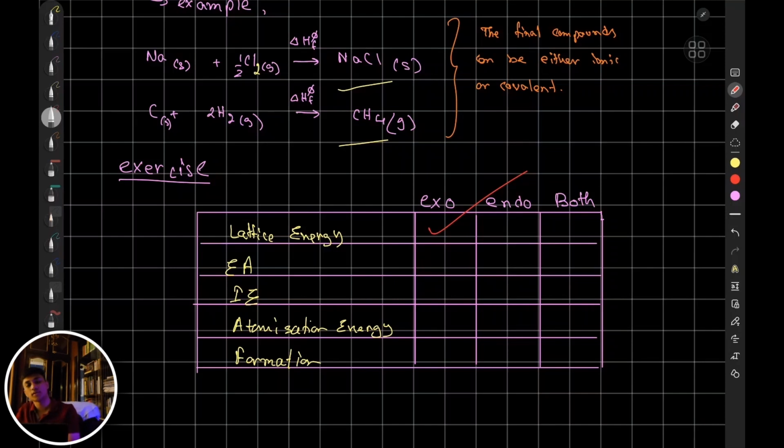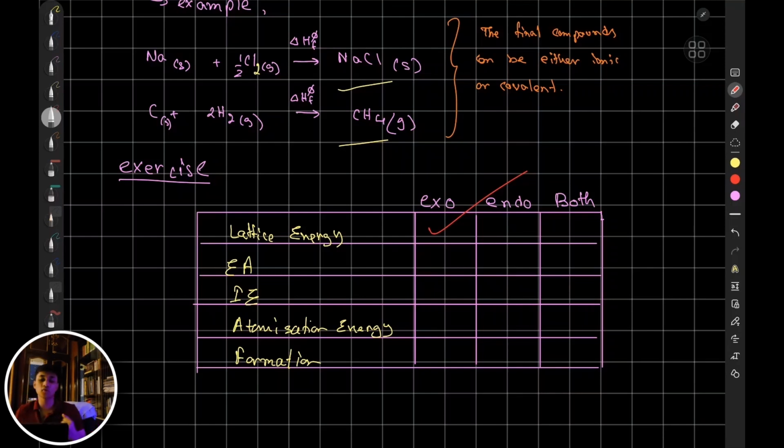Okay, next we have electron affinity. What is electron affinity? You're basically adding one electron to a gaseous atom. So if you're adding an electron to a gaseous atom, what is happening? You're forming a bond. But then again, for the successive electron affinities, there may be repulsion between the already negative ion and the extra electron, the second electron.